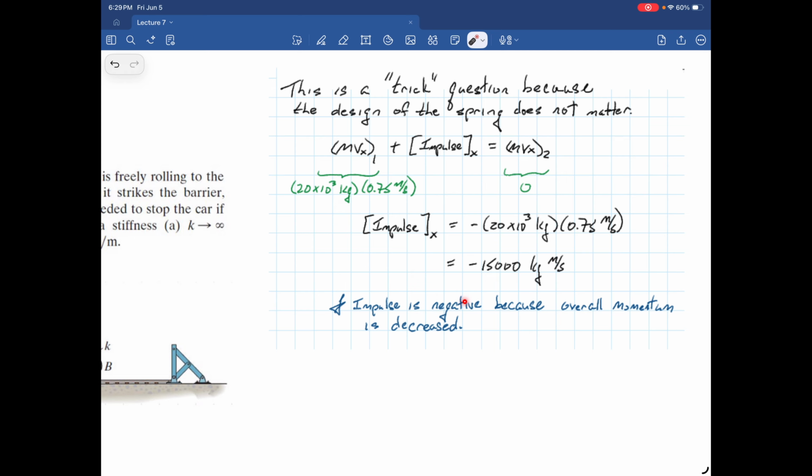The impulse is negative because the overall momentum is decreased, right? These are vector equations, and if the impulse has a positive value, momentum will increase. If the impulse is negative, the overall momentum will decrease.